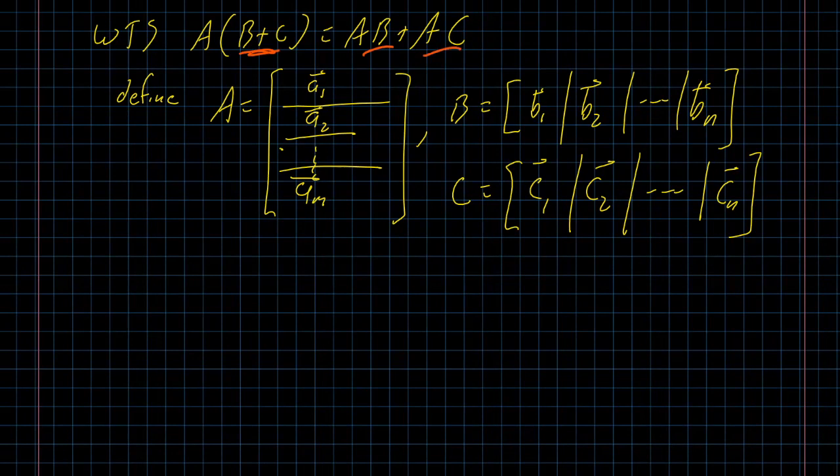So all of the A vectors, all of the B vectors, all of the C vectors are all in some p-dimensional vector space. I don't know what p is. I don't really care. The thing that is important is that they are all the same.